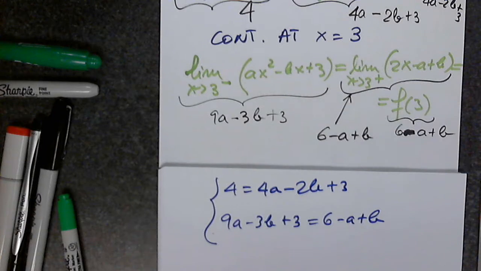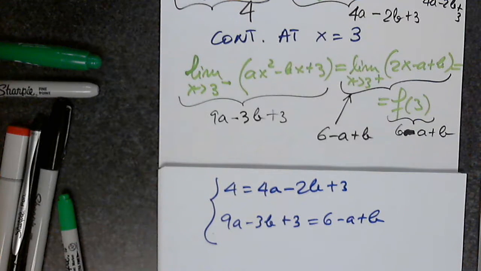Once I have a and b and I replace a and b with those numbers, is it guaranteed that f of x is continuous everywhere? We made it so. We stated these restrictions so that the limit from the left and from the right of 2 equal the function value of 2. That's how we came up with this. And the same thing at 3. The limit from the left, the limit from the right, and the function value at 3, they must be the same, because that's how we came up with that.